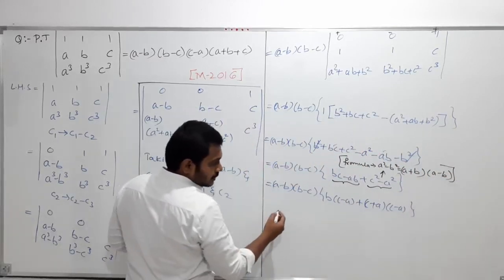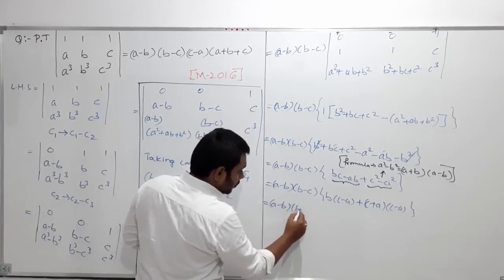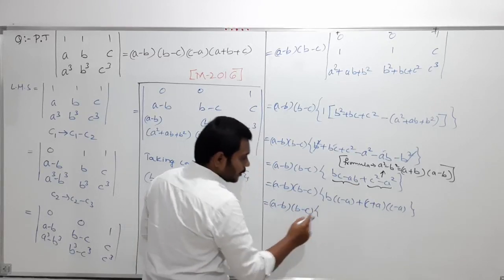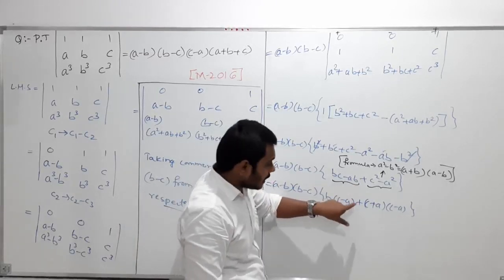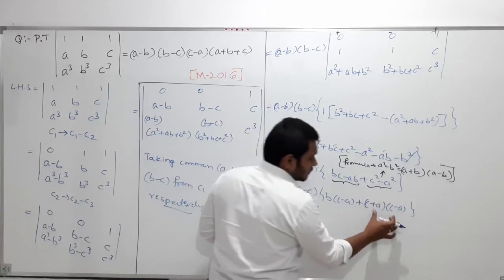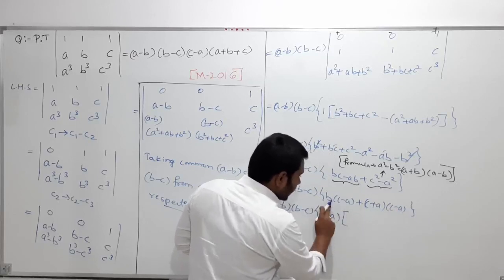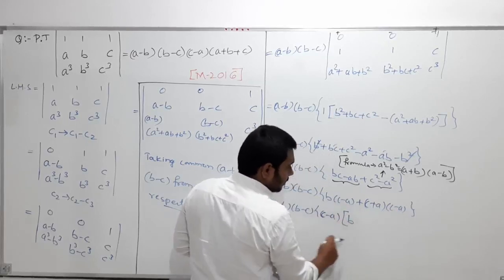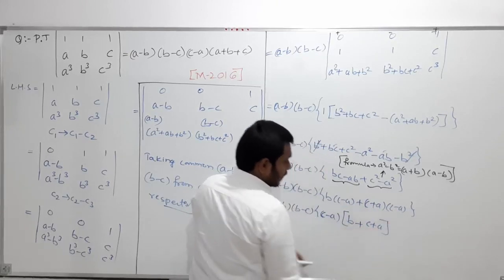Clear? And now, my dear students, here it is a minus b into b minus c into, you can observe that in this term c minus a is there, and here also c minus a is there. So from this and from this I will take c minus a common. So what is remaining here? In this term you get b, and plus, from here you get c plus a. Clear?